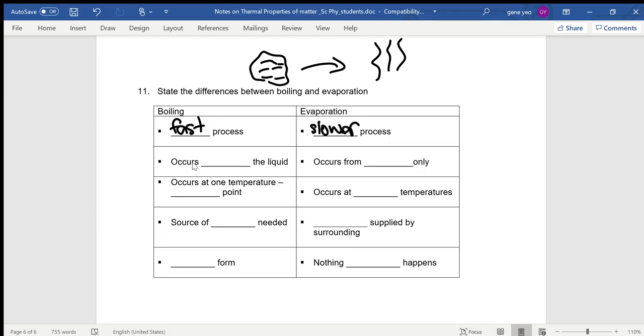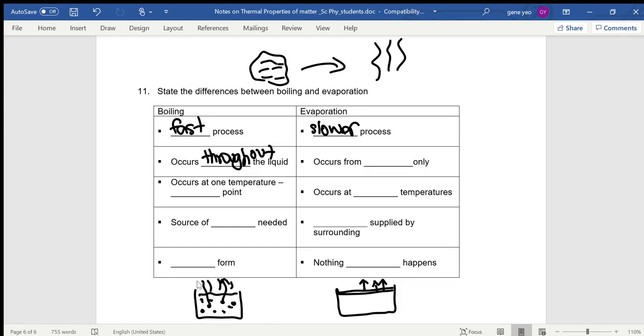Now boiling occurs throughout the liquid. You can see the boiling process taking place throughout, because you can see the bubbles appearing as it boils. But evaporation only takes place at the surface. Only at the surface, whereas boiling takes place throughout the liquid.